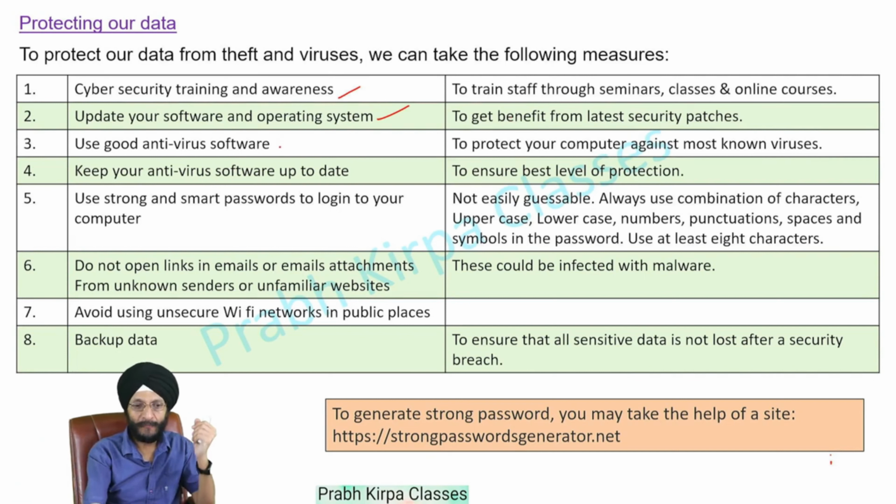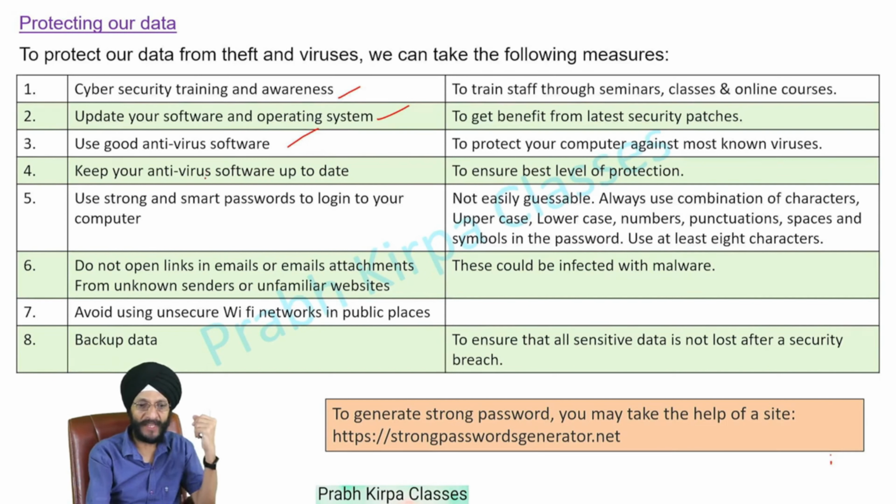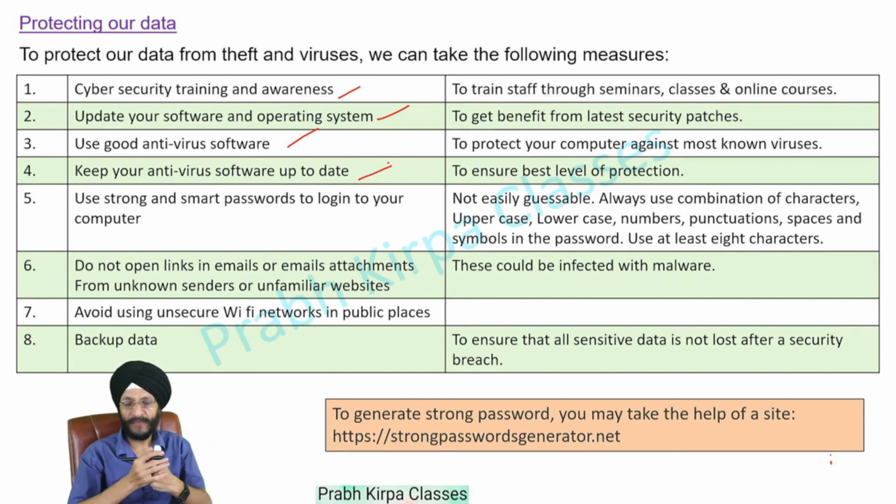We should use antivirus software which is from a known company so that we can protect our computers from the viruses which are already known. We should keep our antivirus software up to date so that the best level of protection is available to our computers.